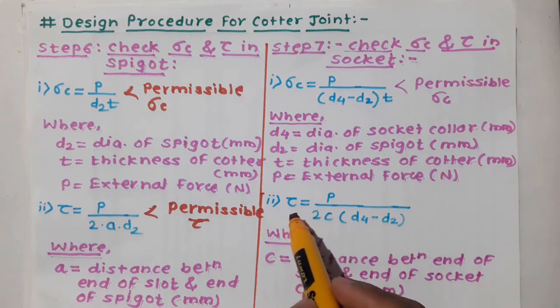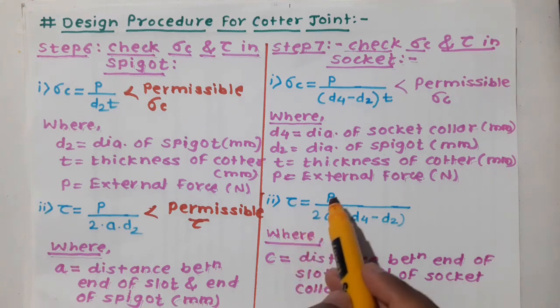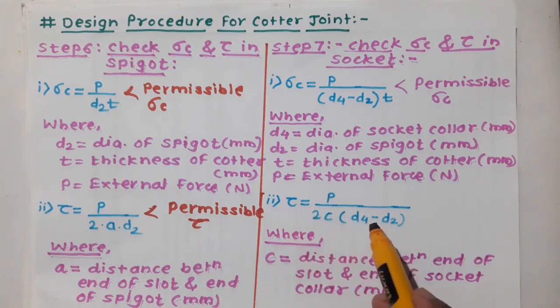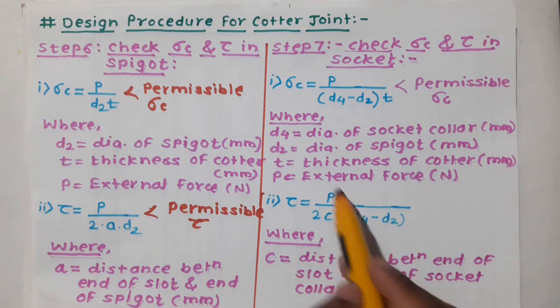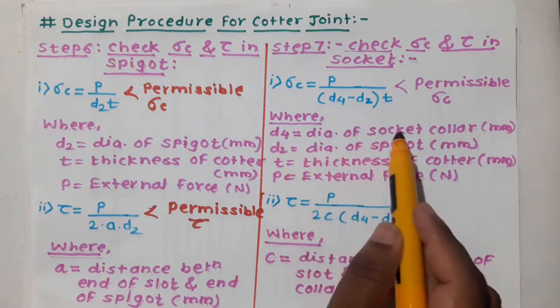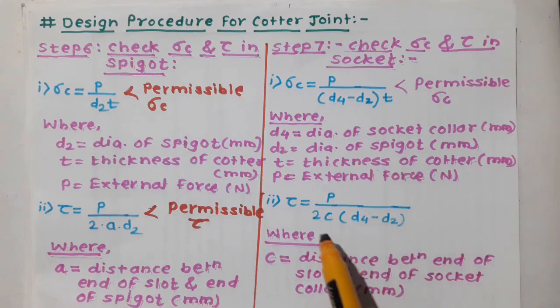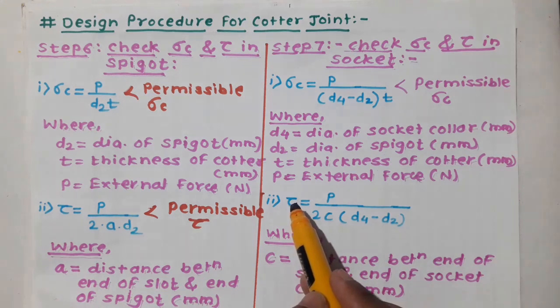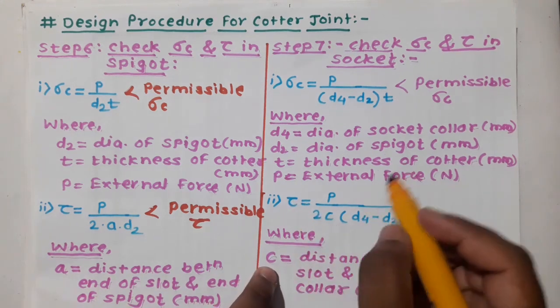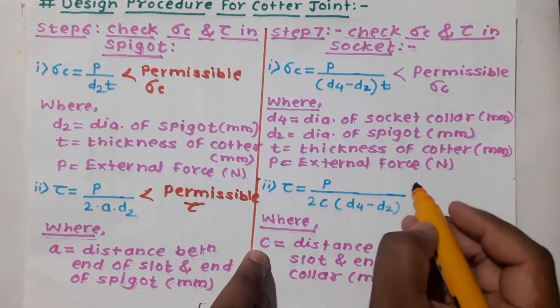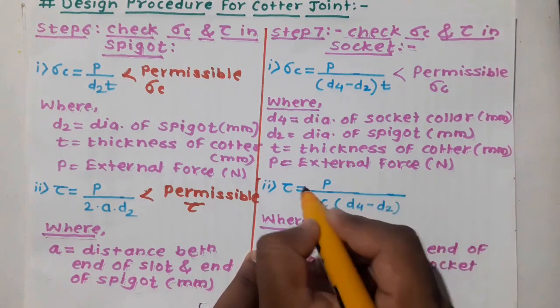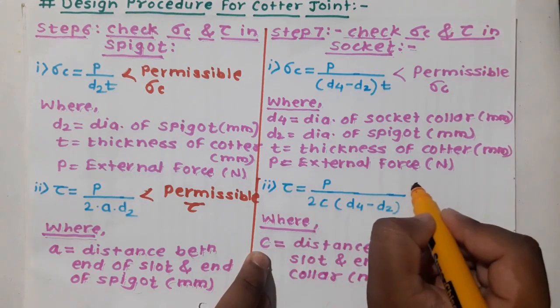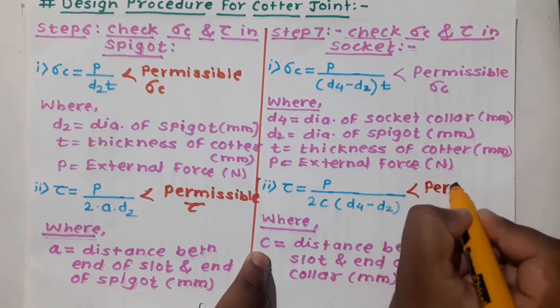By using this equation, we have to calculate the induced shear stress in the socket, and this equation is tau is equal to P upon twice C into d4 minus d2, where C is nothing but the distance between end of slot and end of socket collar in mm. d4 and d2 we have already seen: the diameter of socket collar and diameter of spigot respectively. So once you calculate the induced shear stress tau for the socket, we have to compare its value with the permissible shear stress, and this induced shear stress tau must be less than permissible shear stress tau.